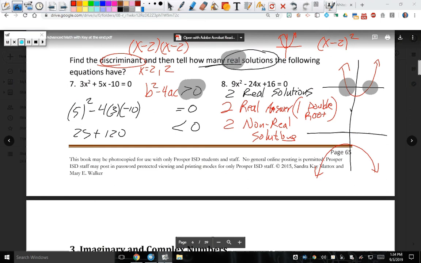One double root is two answers. Okay? And yes, that would look like on the graph, like Matthew said, it's just going to bounce off and actually touch it. Questions on the discriminant test? Okay, so this one would have 2 real solutions.